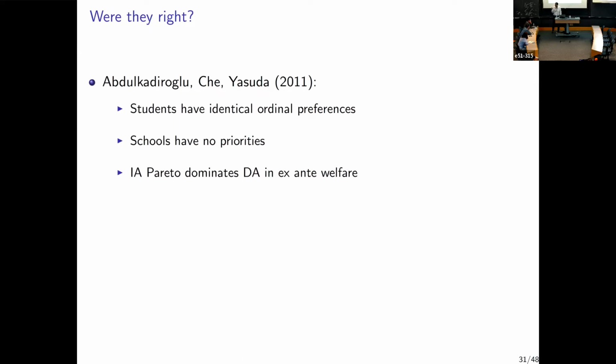The intensity of preferences. So it also says that even if you have some people strategize, immediate acceptance may not harm, but rather benefit those who do not strategize. How come? Any intuition? The intuition is not that simple, but I want you to take a couple of minutes to think about it. Okay.